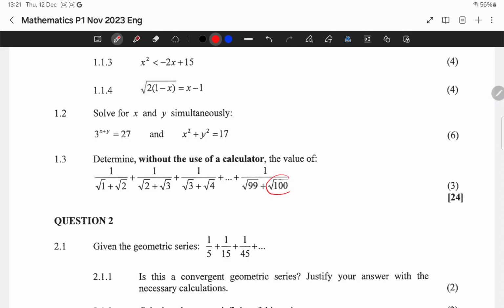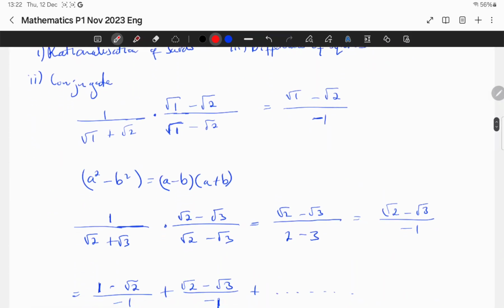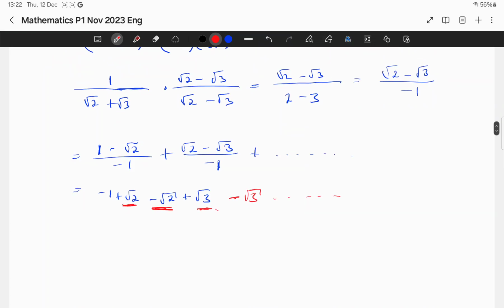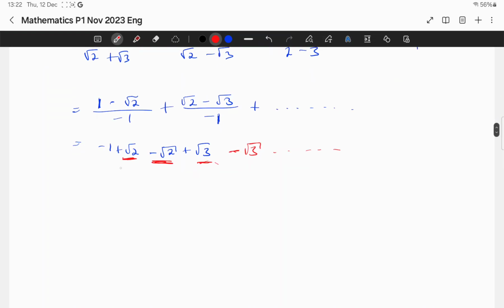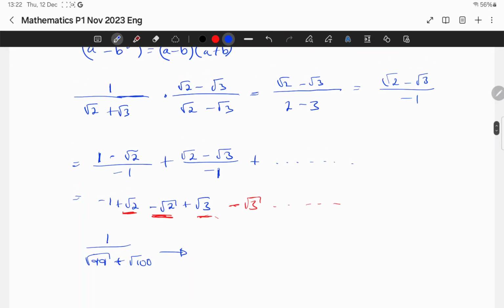However, the root 100 only occurs once. There's no other root 100 to cancel this root 100 here. So what does that tell us about how the expression will terminate or end? It tells us that at the end, when we simplify 1 over root 99 plus root 100, we know where that simplifies to, because we have done the previous two.